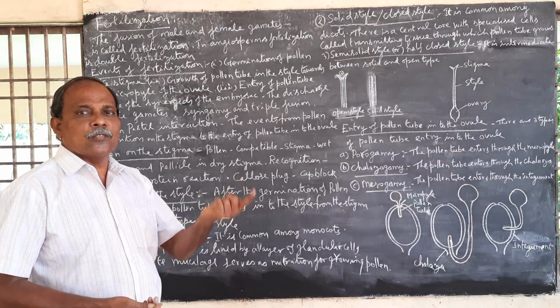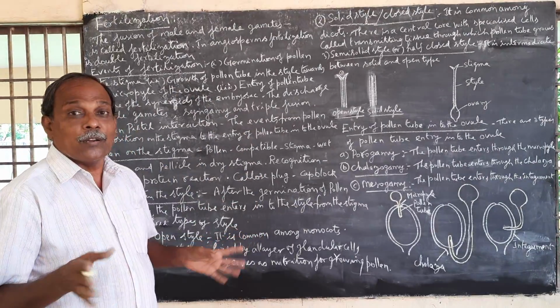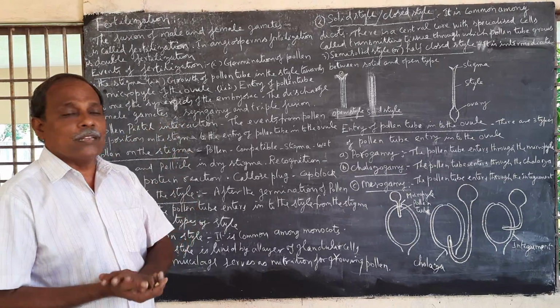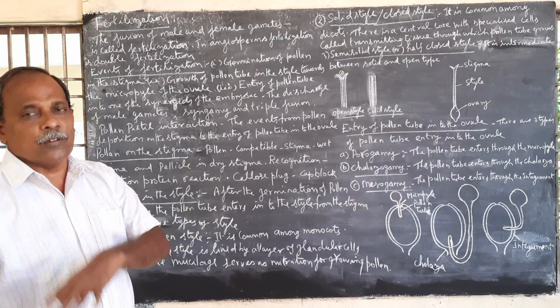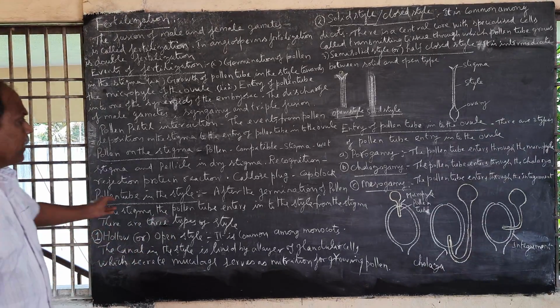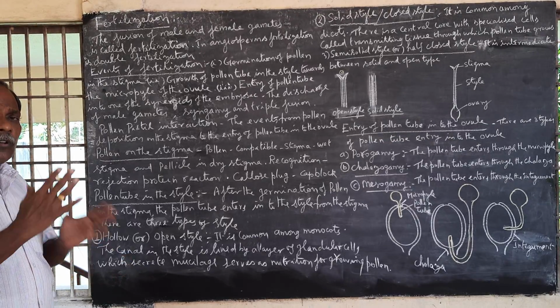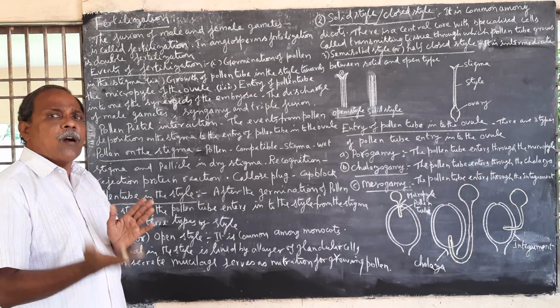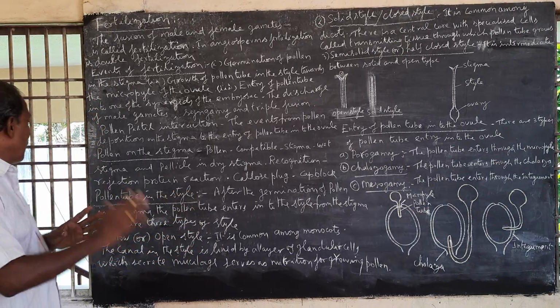If pollen gets deposited onto the stigma of the same plant of the particular species, it won't germinate. That is self-incompatibility. But on a different plant of the same species, it will germinate. So all these factors either allow the pollen to germinate or inhibit pollen germination on the stigma.